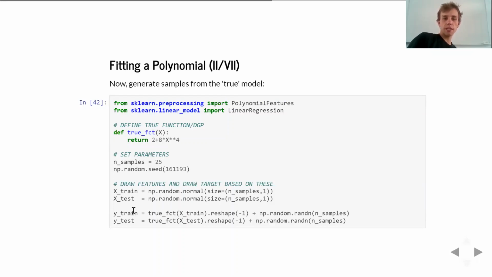Then we use these x's to also get values for our y's, our outcome, our target. We use the true function for that, drawing one instance of y from one instance of x using this functional form, and then we just add some noise. That's how we draw 25 observations of y for our training data set and our test data set. So we use this true functional form, and then we add random noise to each of these observations.